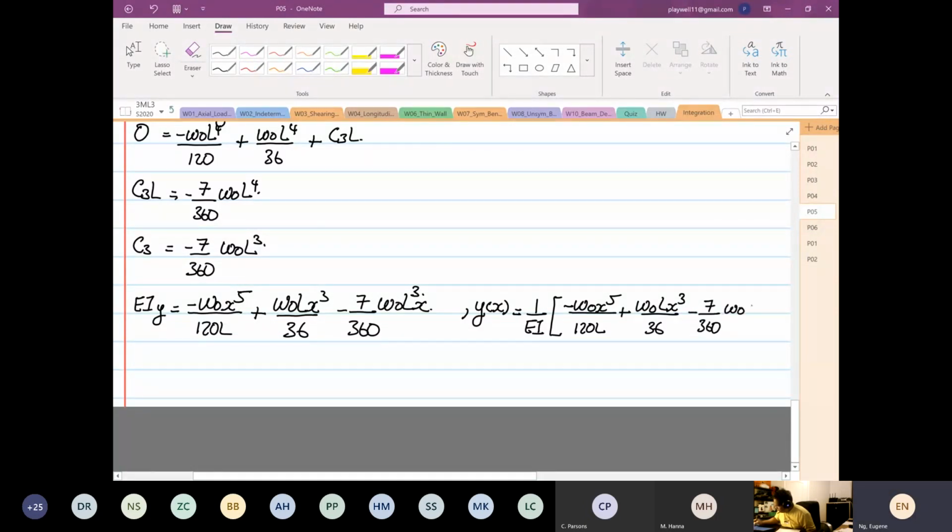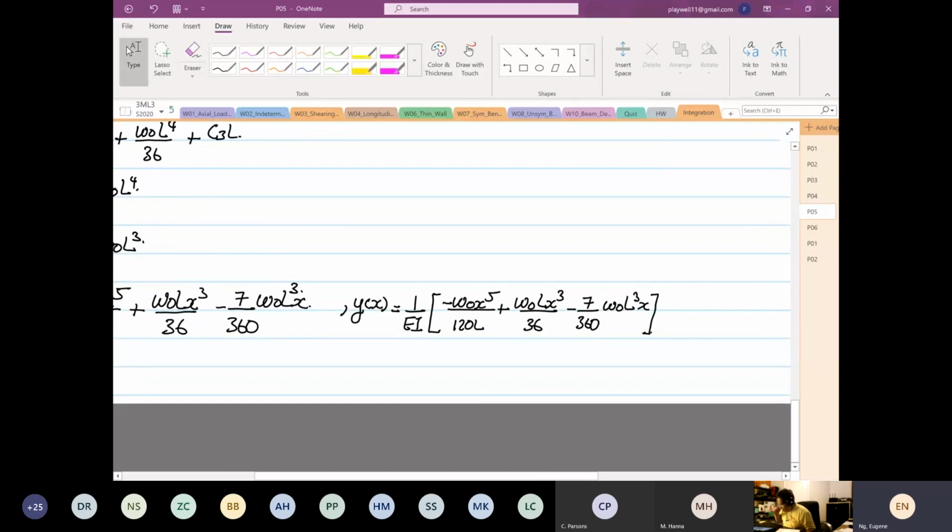To check whether it's correct, if you substitute x equal to L, the whole equation has to be equal to 0. Substituting 0, we know it's equal to 0.